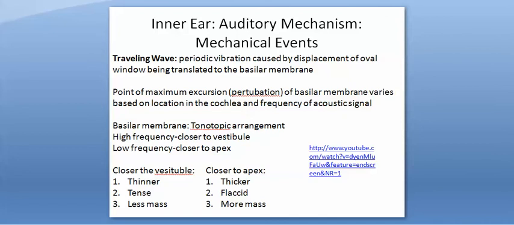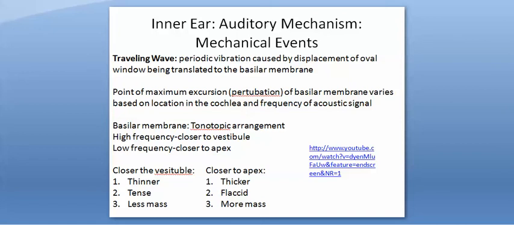All right, we're going to continue talking about the mechanical events. When we talk about the movement of the perilymph and endolymph in the cochlea, we talk about it in terms of a traveling wave.